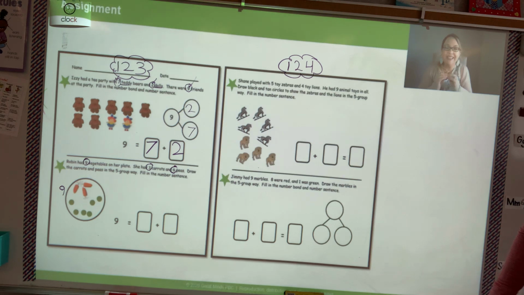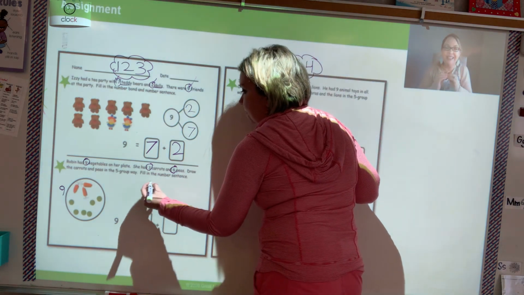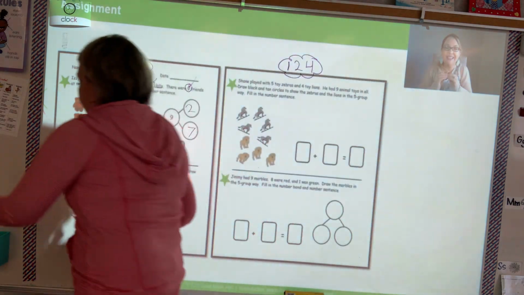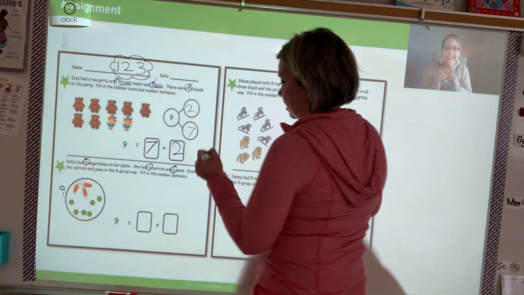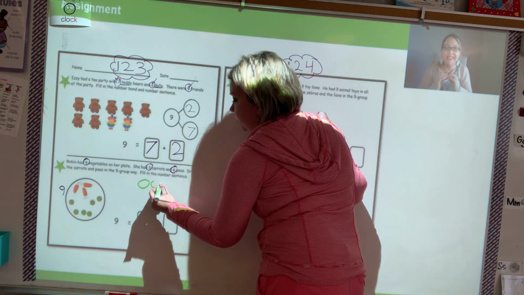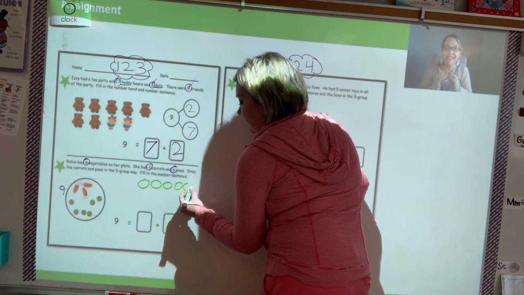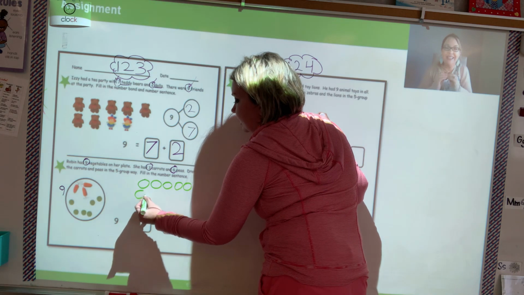Then it asks me, draw the carrots and peas in a 5-group way. Oh my goodness. Okay, I'm going to start with my peas because there's 6. So for peas, I might draw 6 circles. 1, 2, 3, 4, 5, 6.